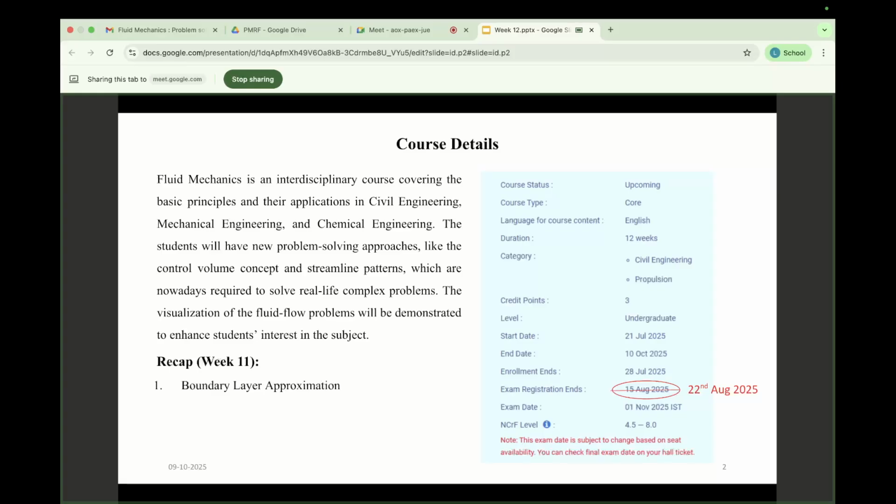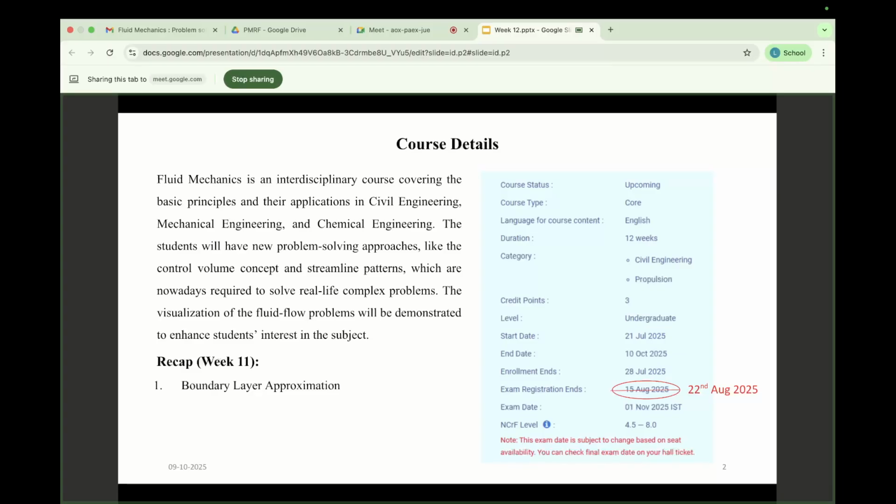In the last week we discussed the boundary layer approximation, and this was quite an important concept, as we discussed how the boundary layer affects the flow, right? Before today's class, let me tell you one thing: as the exam is approaching, please have a look at the numerical problems, because the numerical problems taught in all the live interacting sessions will help you answer the questions in the exam.